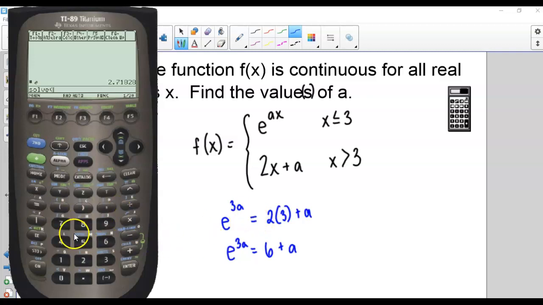So you could do it that way if you wanted. So e to the 3x, and you've got an equal sign right here, sort of catty-corner to that 7, 6 plus x. Now, you type in your equation, then you do have to put a comma and an x before you finish your parentheses there.